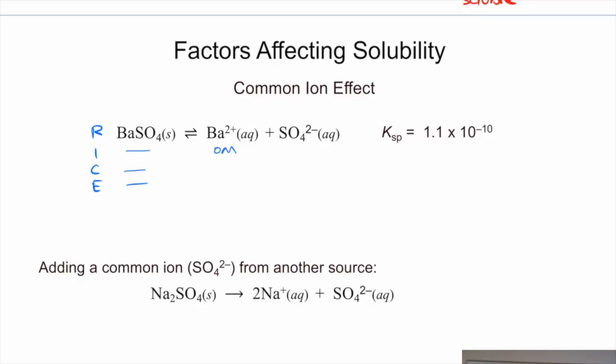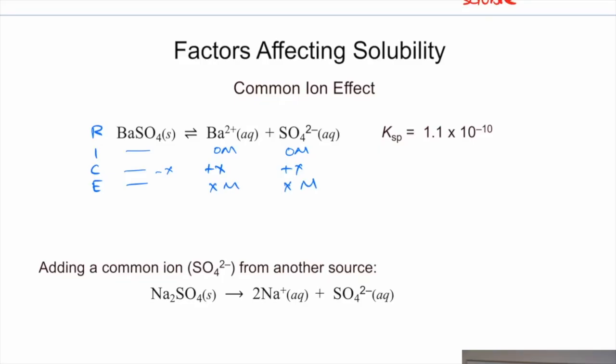We start with 0 molar, we start with 0 molar, but some X is going to dissociate, okay? And when it does, it splits into equal parts now, X of barium ions and X of sulfate ions. And so at equilibrium, we're going to have X molar of that and X molar of that.